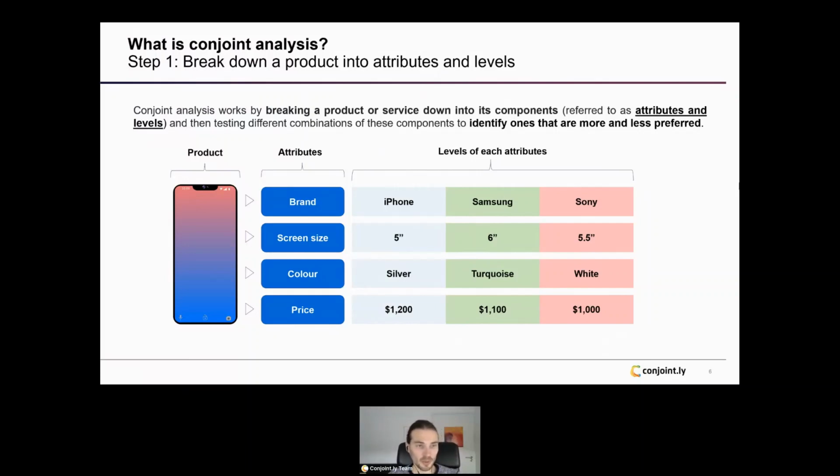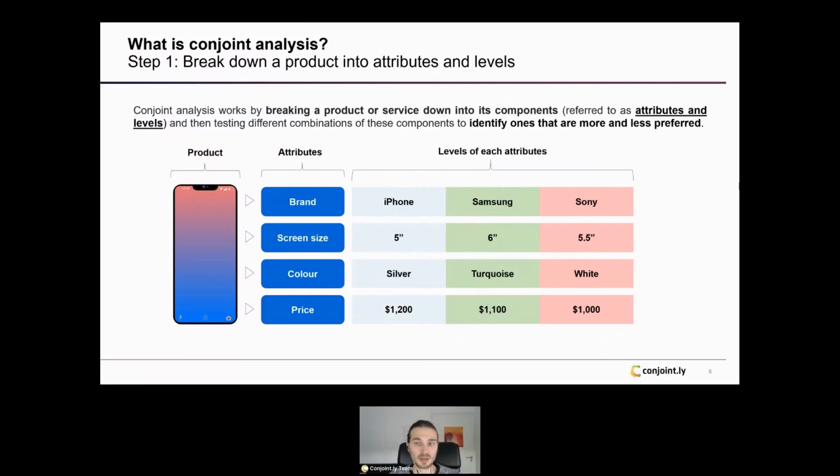So if you think about a product, in this case a smartphone, the main attributes would be the brand, the screen size, the color, the price, but this can also be the operating system, the amount of cameras you have, and whatnot. Then if we look at the levels, these are typically the second tier if the attributes are the first tier. The levels are basically the values that each attribute can take.